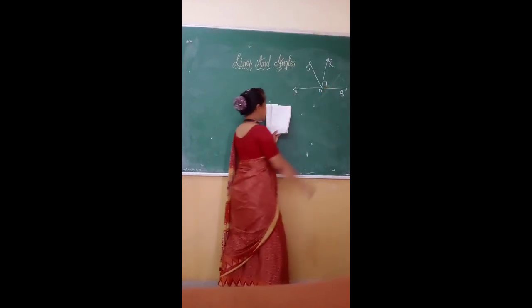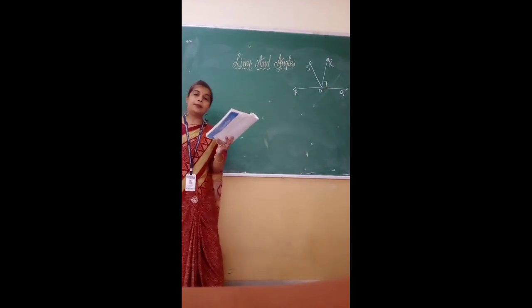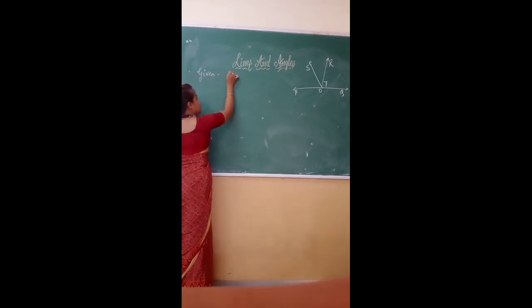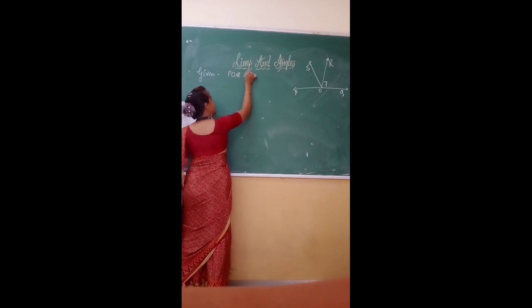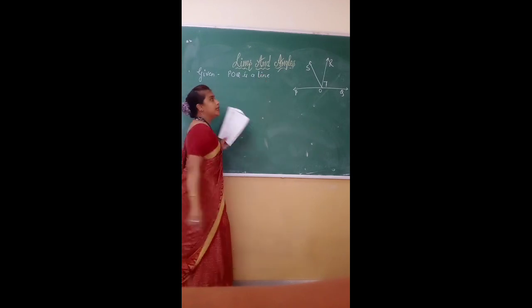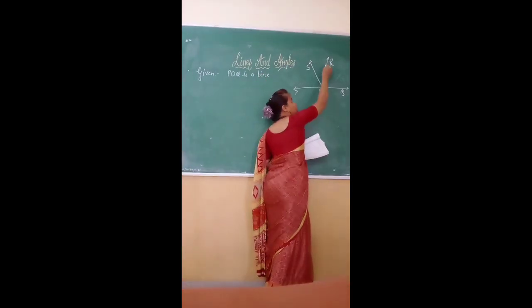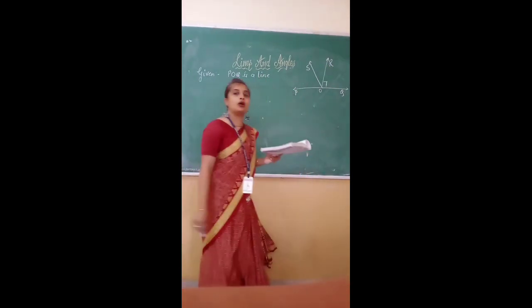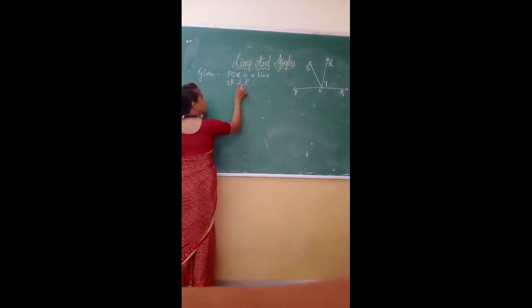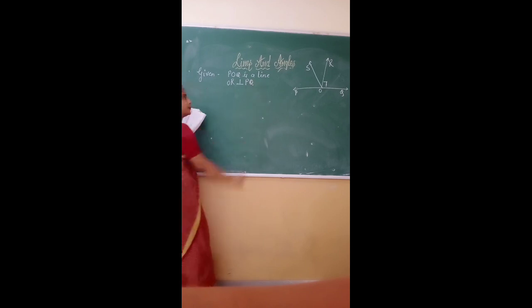For this figure, it is told that POQ is a line. What are the given parts? Write down the given thing. POQ is a line. Second thing, it is given that OR is perpendicular on PQ.